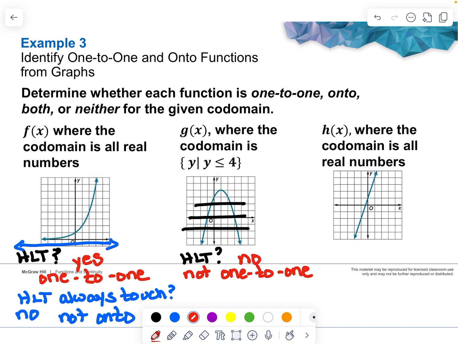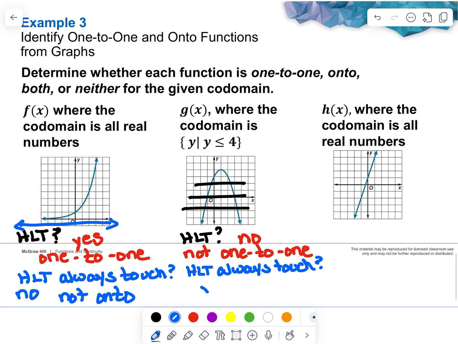So as long as I'm staying where y is less than 4, does the horizontal line always touch the function? And in this case, that answer is yes. So this one is onto.